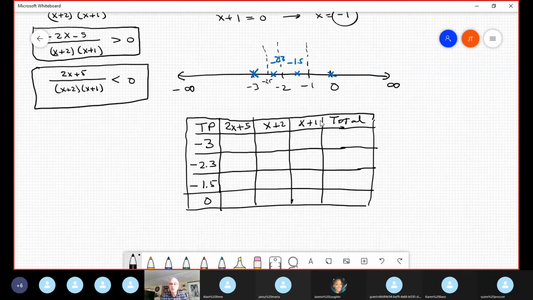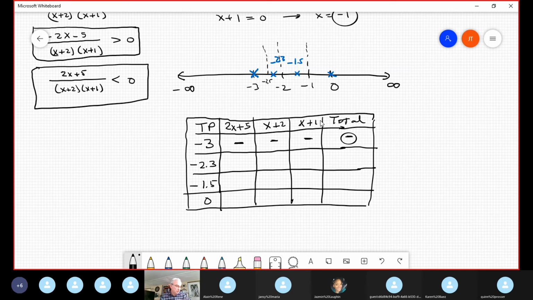And now you little by little slow down, you substitution negative 3 in each expression. Bam, bam, bam, bam. When you substitution negative 3, 2 times negative 3 is negative 6. And negative 6 plus 5, negative 1. Negative 3 is negative. And negative 3 is negative. Negative become positive. Become negative, sorry. Because it's odd number of negative, no? 2.3 here. I put in my calculator, 2.3 times 2 is 4.6, negative 4.6.